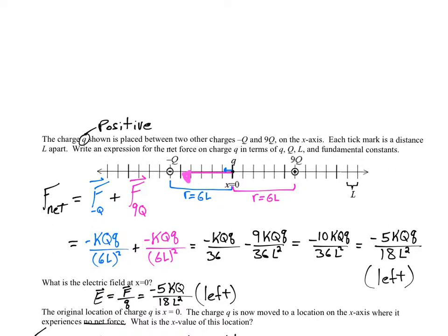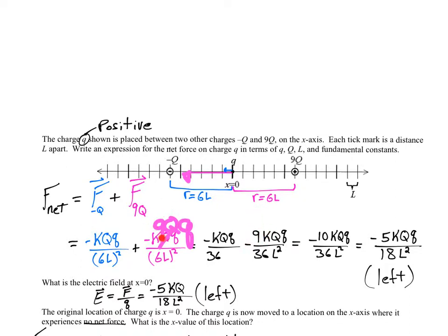I also see that in my haste, I should have put right here, this should be a 9q and then the other q. So make that happen on yours. You can see that I remembered the 9 right here.